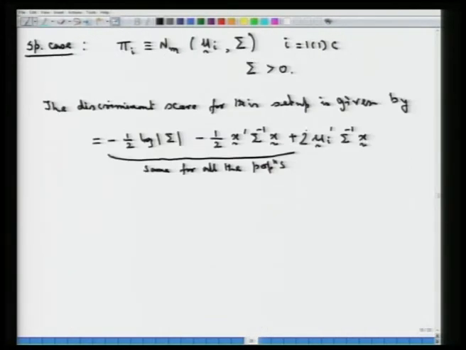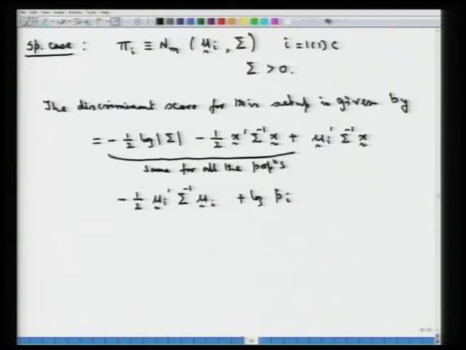So, eventually this 2 is going to be cancelled out, because we have a factor minus half sitting outside, minus the term which is dependent on the mu I vector. So, it is mu I transpose sigma inverse mu I, and this plus this log of pi.